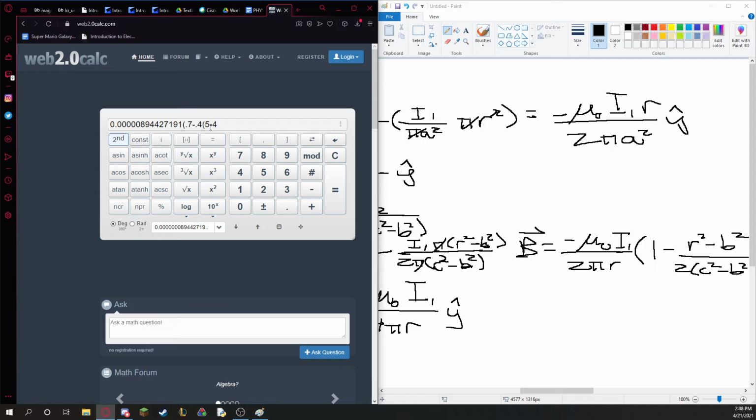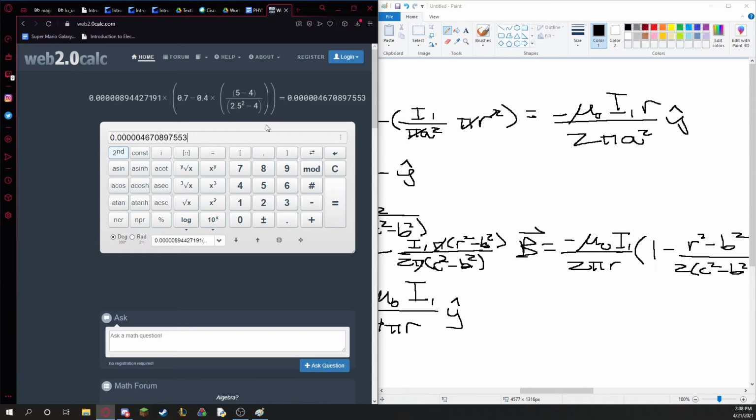So 5 minus 4 over c squared minus b squared. C was 2.5, so 2.5 squared minus b squared, which is 2 squared, which is 4. And that ratio. And so we get a total magnitude of about 4.7.